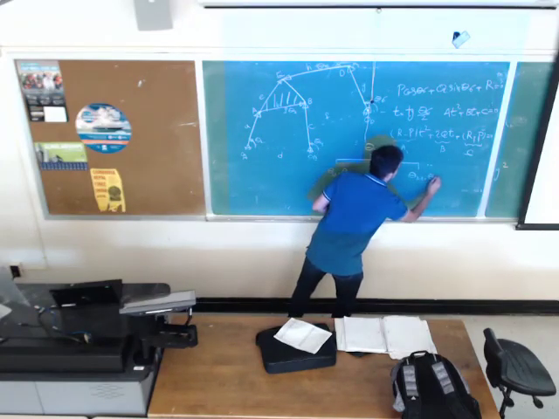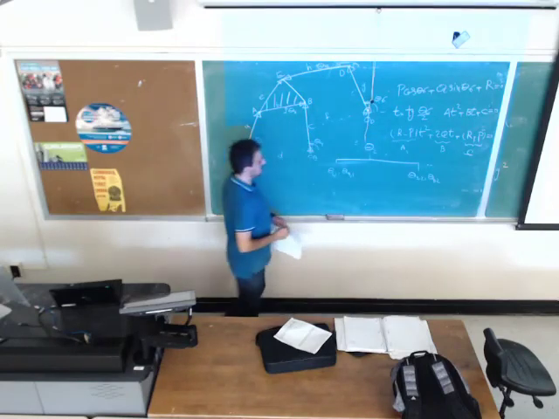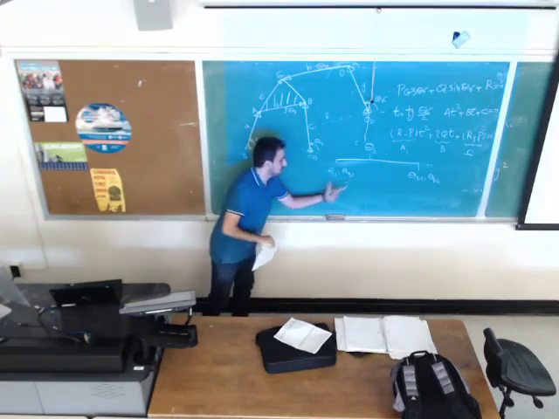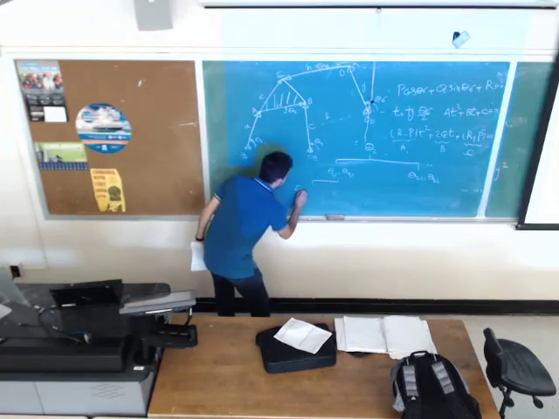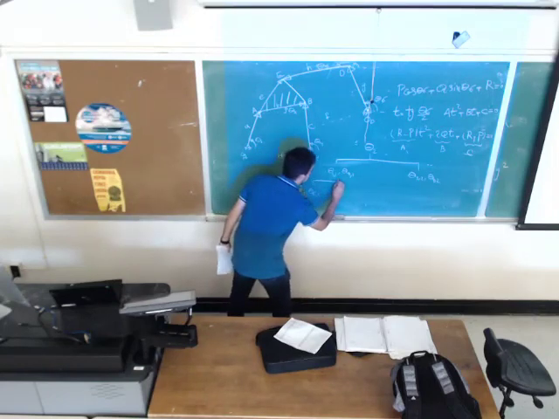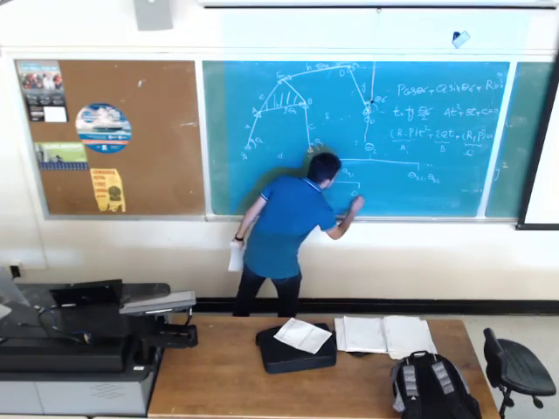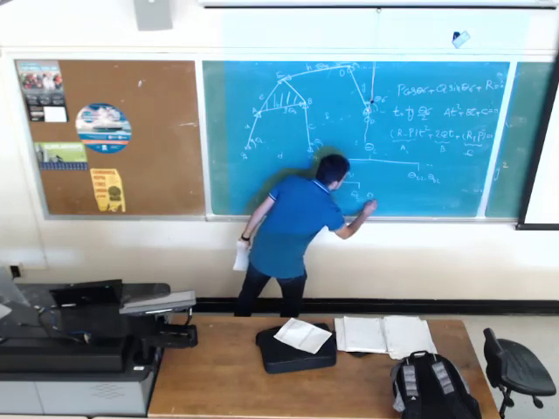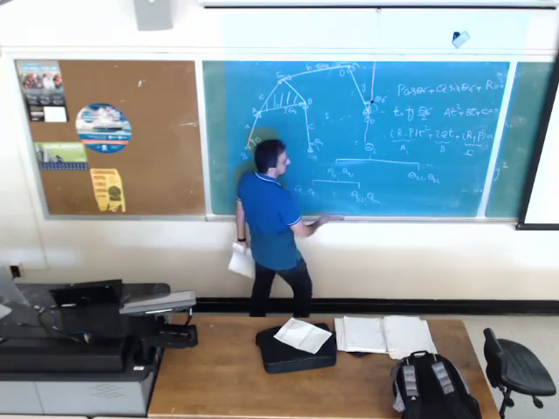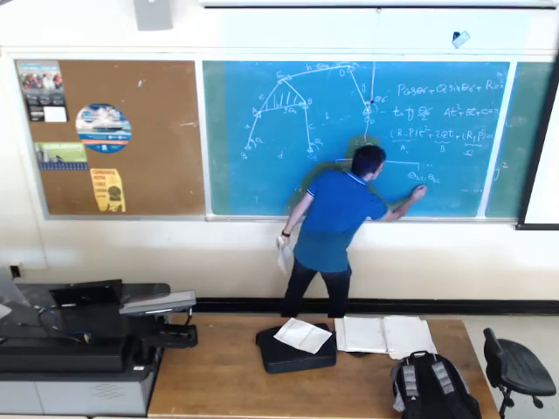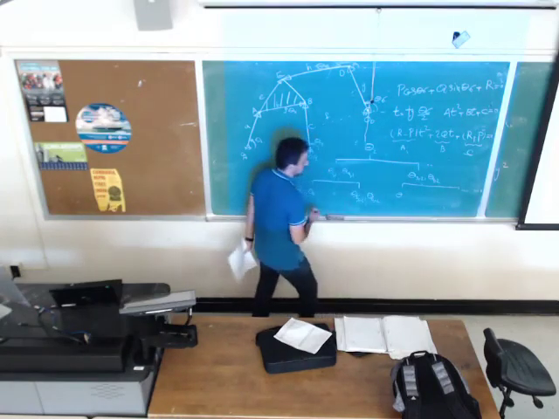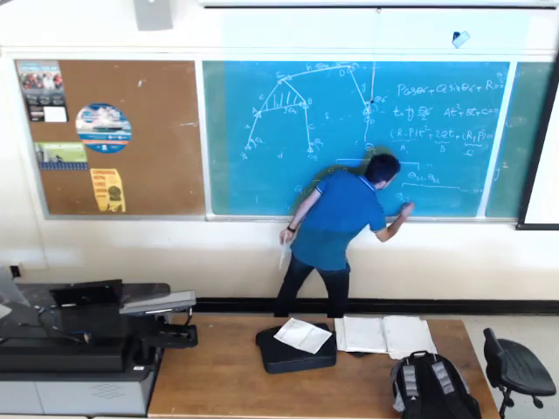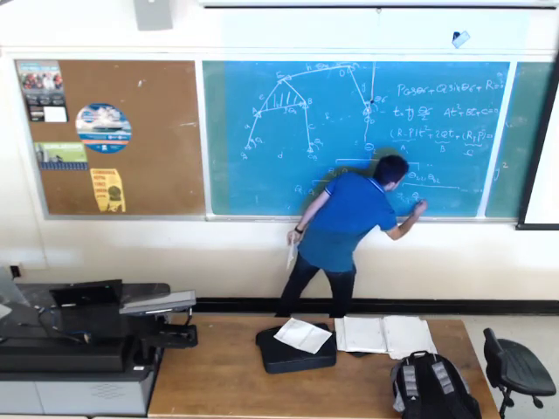I should check for this mode as well. I'm getting another two modes, theta 5 3, theta 6 3, and theta 5 4, theta 6 4. So one mode, two modes, three modes, and four modes. We may get four distinct modes.